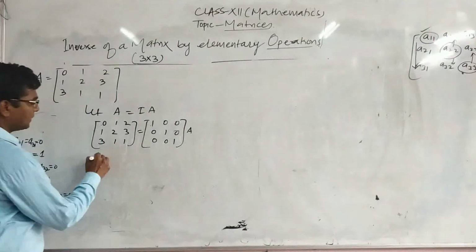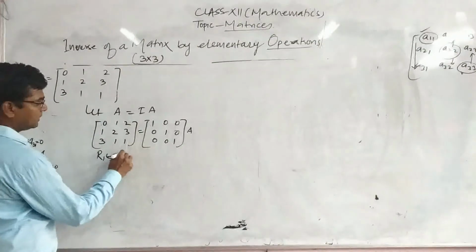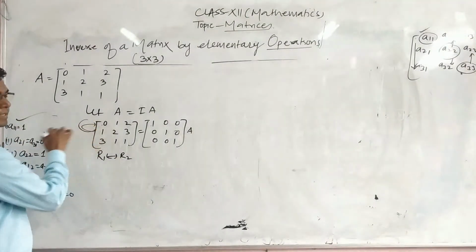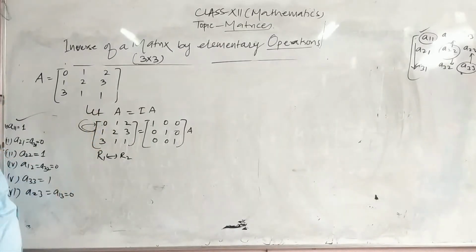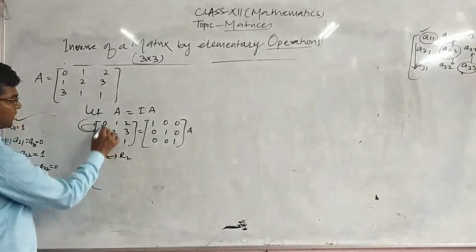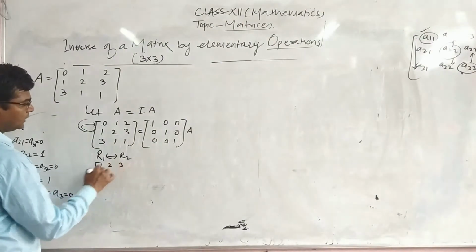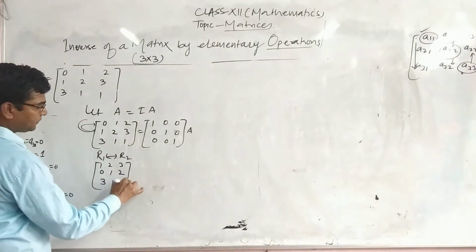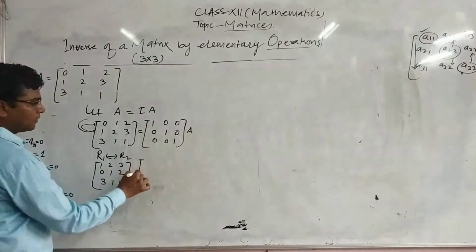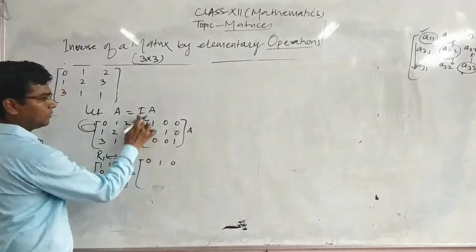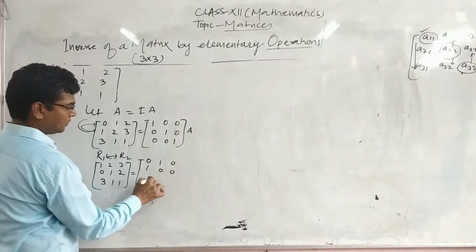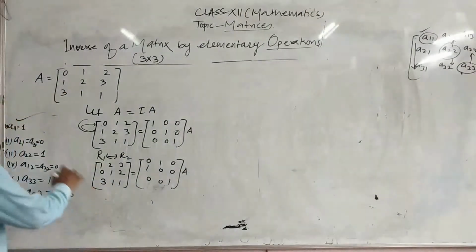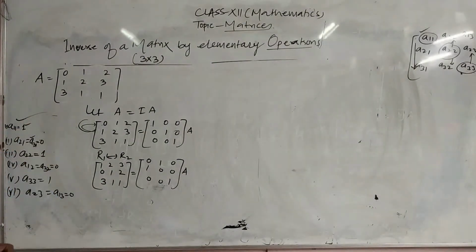You know that you can interchange two rows or columns, so we are interchanging. So it will shift to R1. So our expression will be like this: 1 2 3, 0 1 2, 3 1 1, and this will be 0 1 0, 1 0 0, 0 0 1. Right? So first, A11 becomes 1.